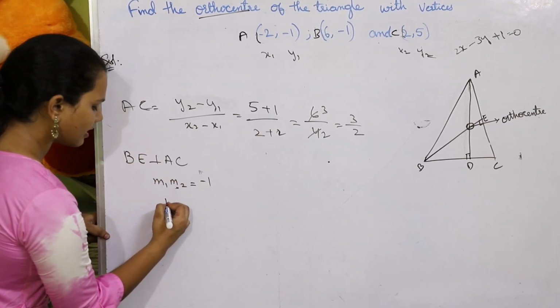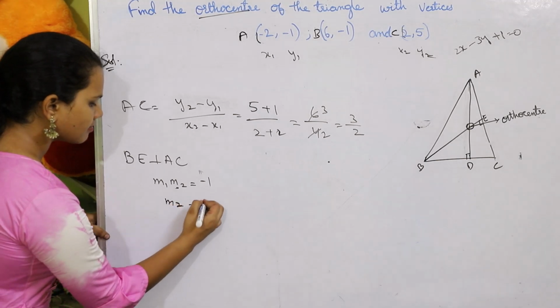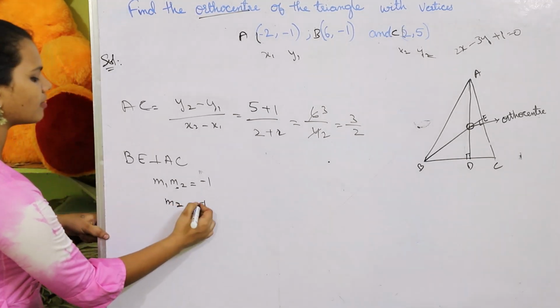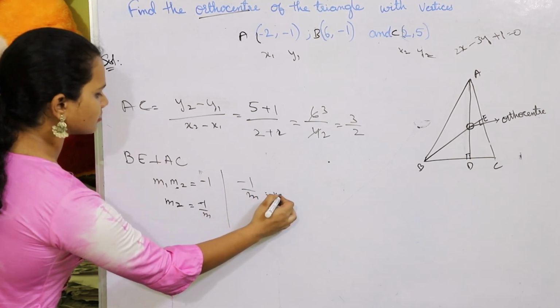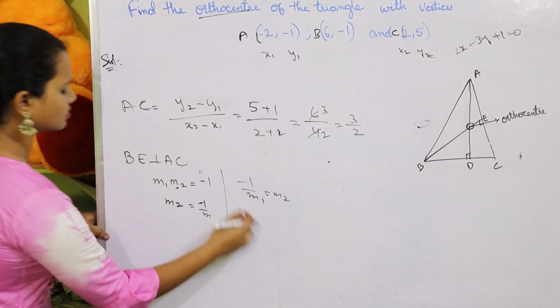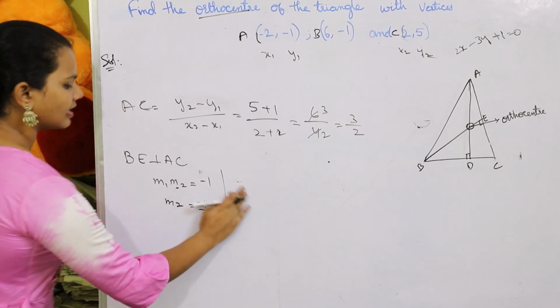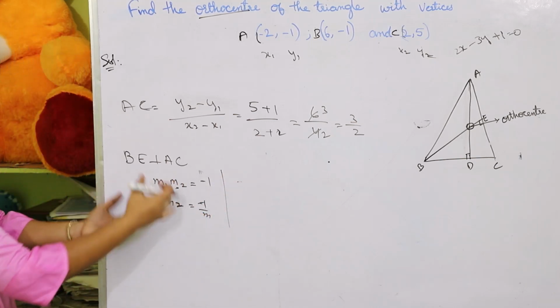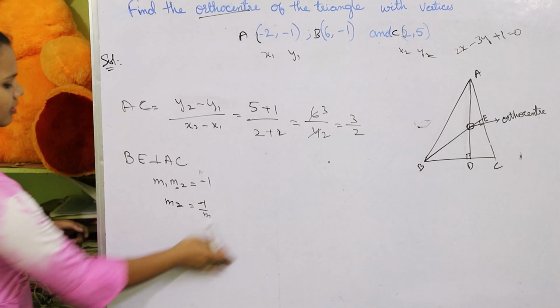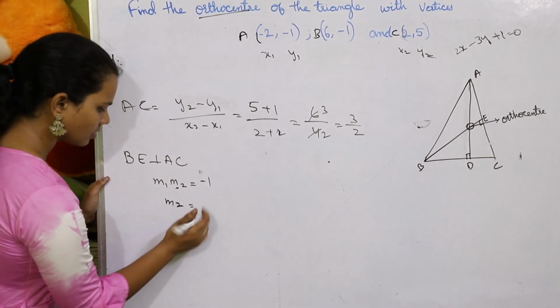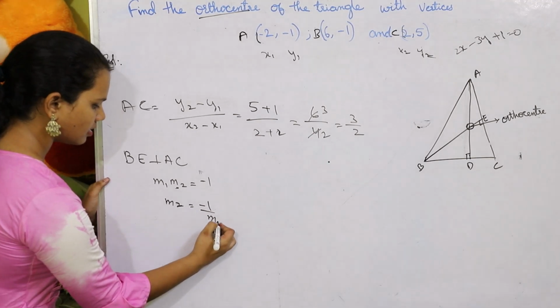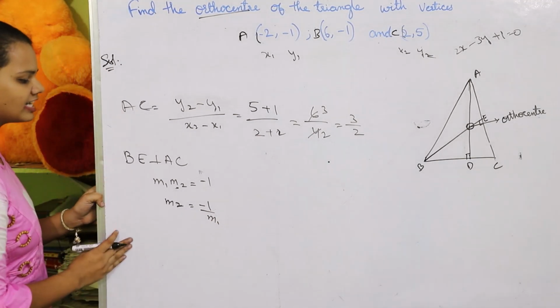So I can say m2 is equal to minus 1 by m1, or you can directly write the other one where minus 1 by m1 is equal to m2. Okay, this is the formula derived from this, right? So it's okay if you write like this. m2 is equal to minus 1 by m1. Clear?